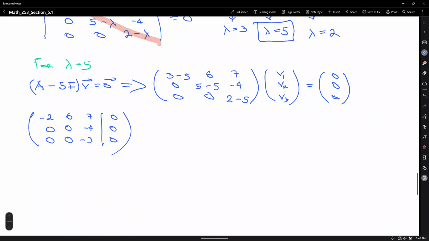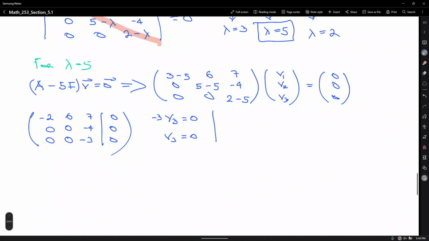So what do we have here? Guys, if we decode this into equations rather than keeping it as a matrix, let's rewrite it. The third row tells us that negative 3 v3 equals 0, which means v3 equals 0.